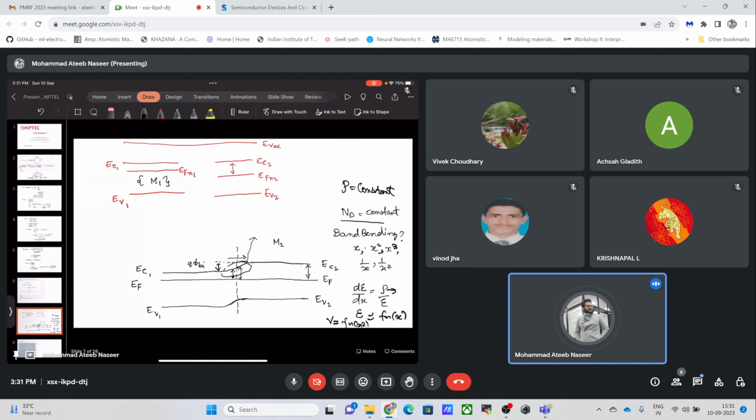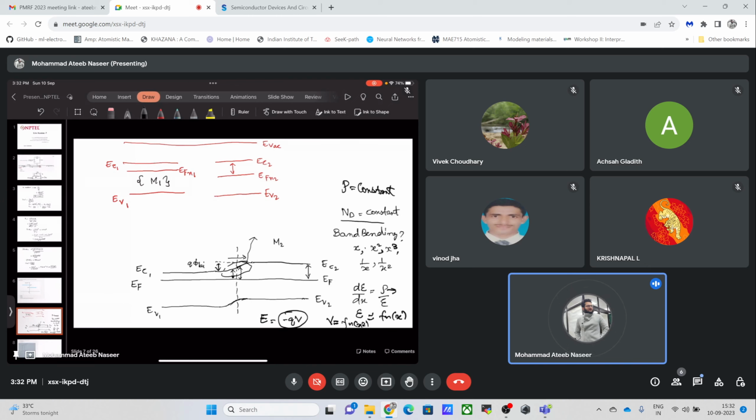As a result, the bands are just minus qV, minus q times the potential. The band EC energy is simply minus qV. If we relate this V with the electric field, and the electric field with the constant charge density, and equate it with the energy, it would be a function of x square.